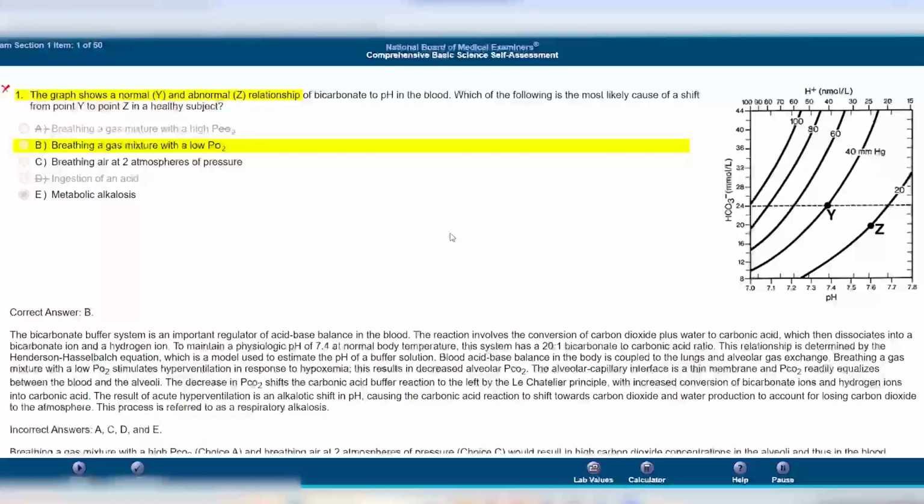Okay, so the first thing I thought about was just looking at the curve, because of where the Z point is. You can see on the pH point that it's a form of alkalosis because the pH is greater than 7.4. So that helped me rule out the ones I crossed out.